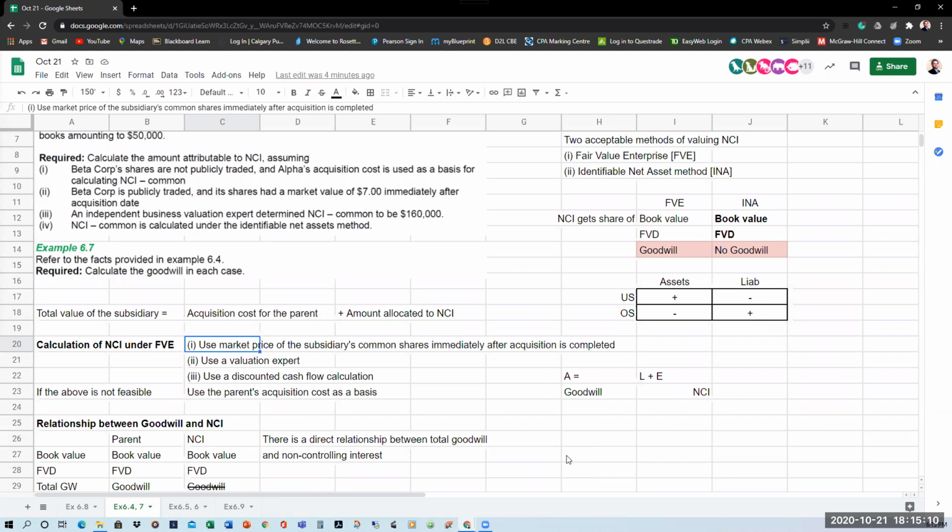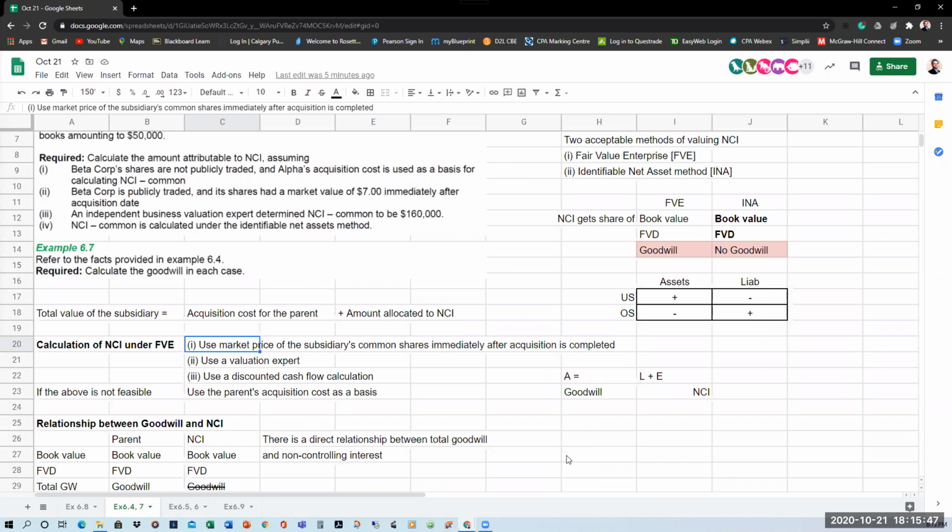So we go with that belief, and we say after the acquisition is completed, the market price of the target company, the acquired company, the subsidiary here, is the fair market value, and that is the price that should be used to calculate the dollar value amount allocated to non-controlling interest. Use market price after the acquisition is completed.